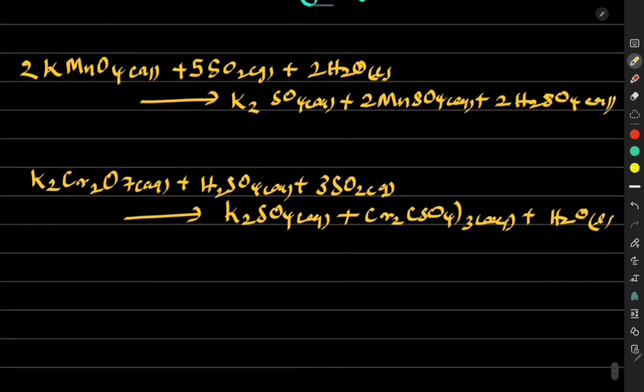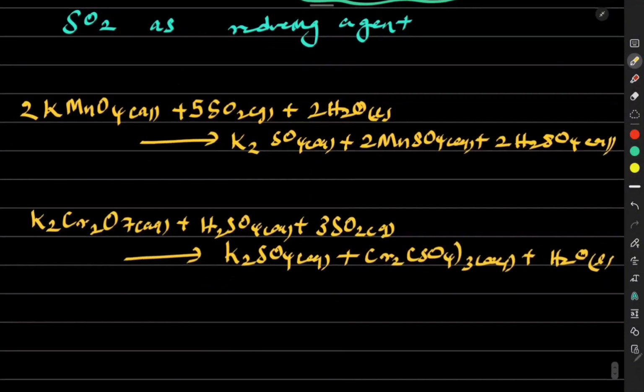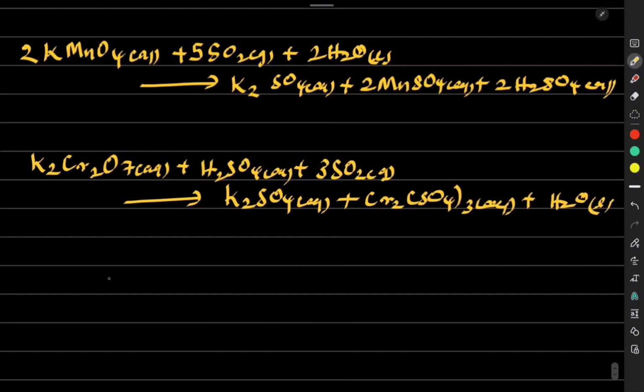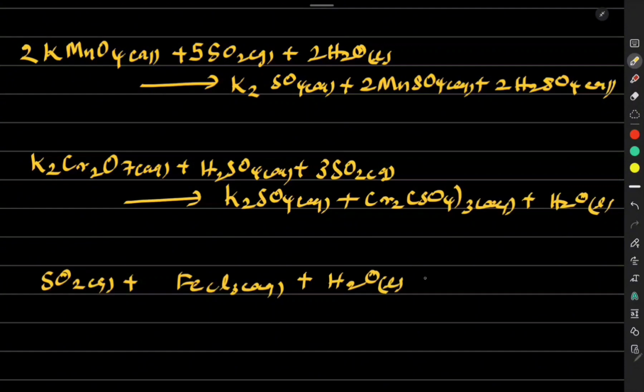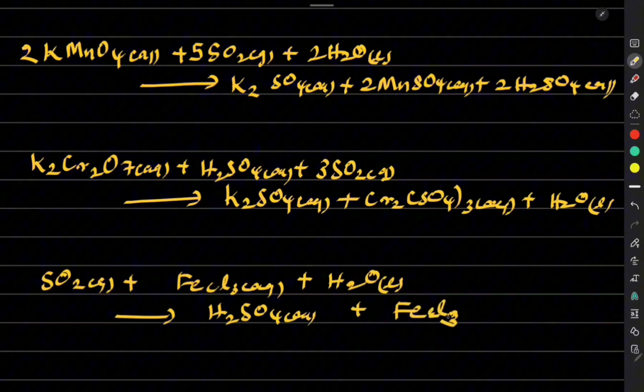And we have another reaction for SO2 as reducing agent. Start the reaction. SO2 gas plus FeCl3 plus H2O liquid. They form H2SO4 plus FeCl3 plus HCl.